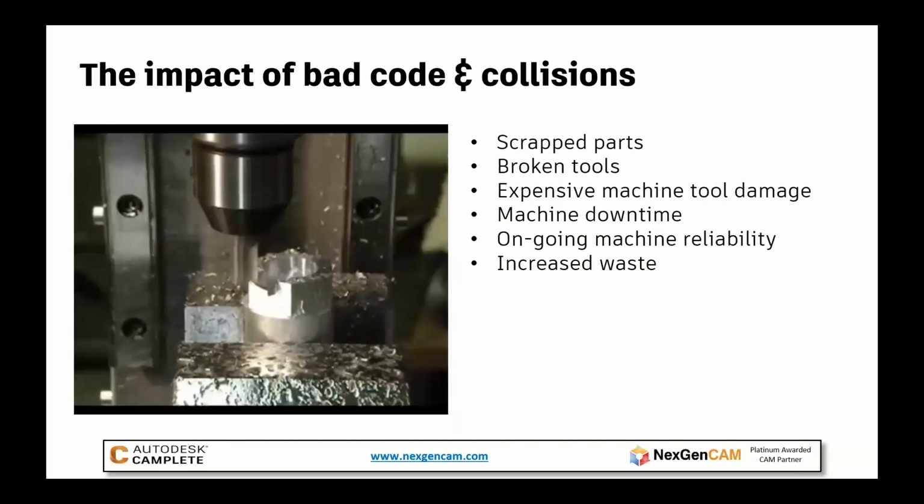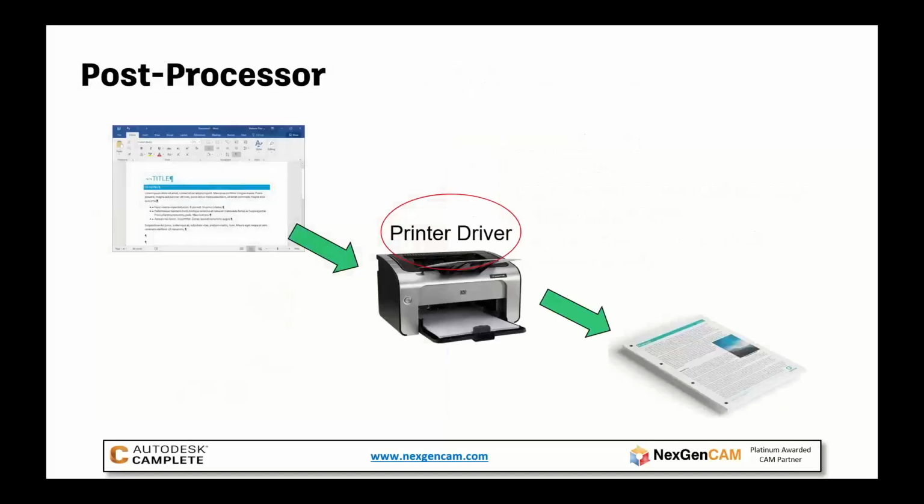And crashing a machine will never bring it back exactly to the same condition that it was in previously. So as a whole, this is really where TruePath will be in place to help customers understand the overall manufacturing process and be able to control this.